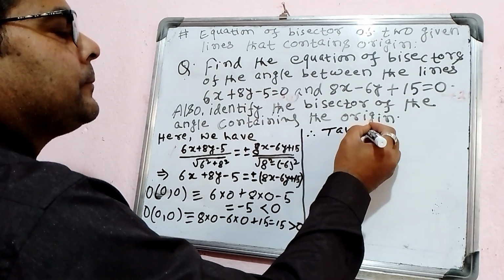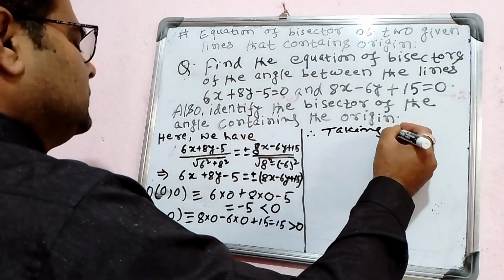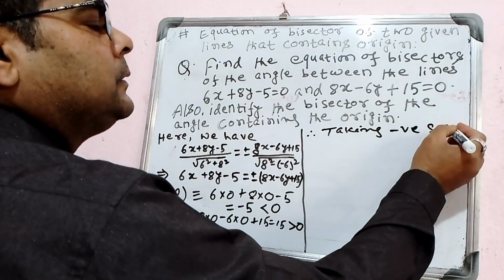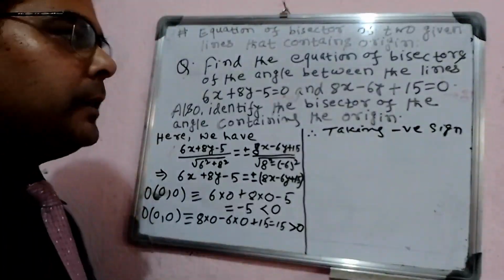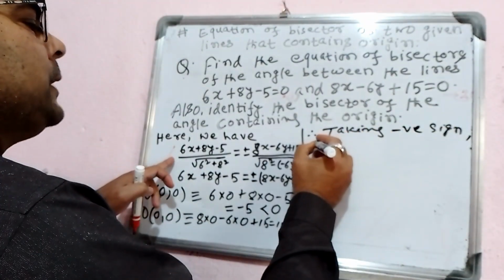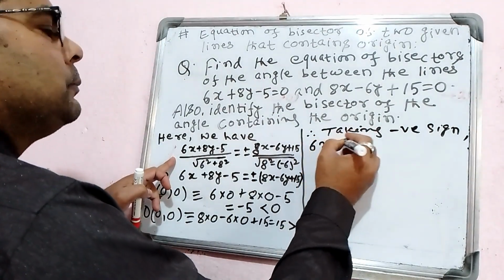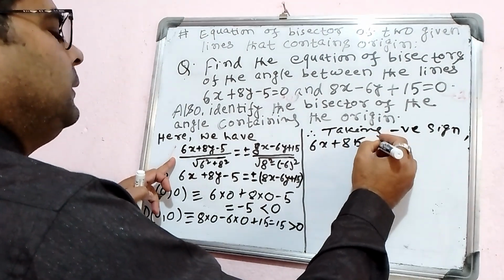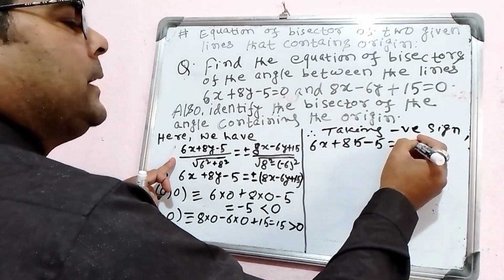So therefore you can say, taking the negative sign means towards the right side we are taking the negative sign. In that case, what we have is 6x plus 8y minus 5 equals minus.